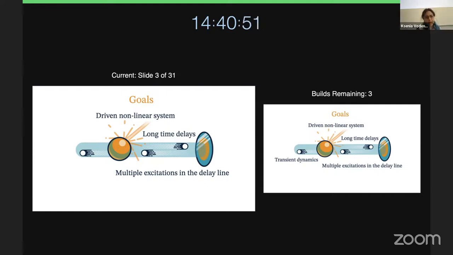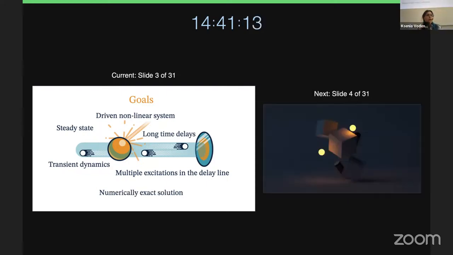And we want to be able to simulate not only transient dynamics, but also reach the steady state. And up until now, there were no theoretical methods that answered all these challenges with a numerically exact solution. So these are our big goals.